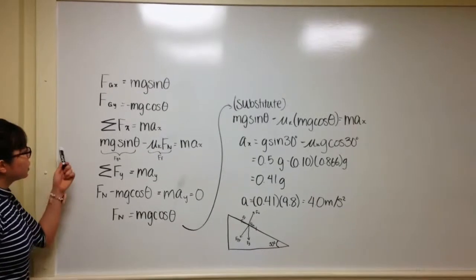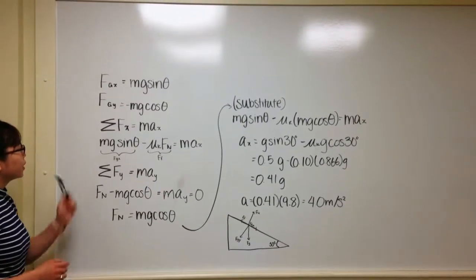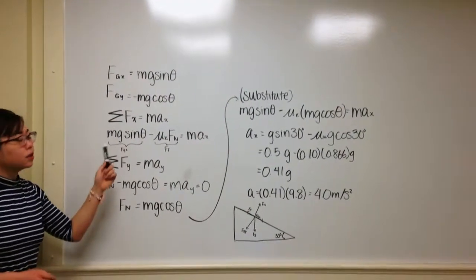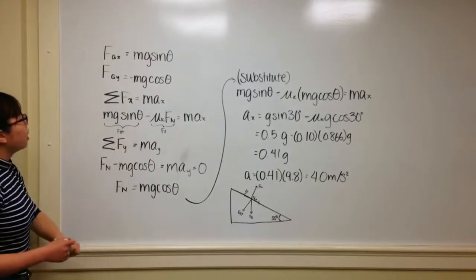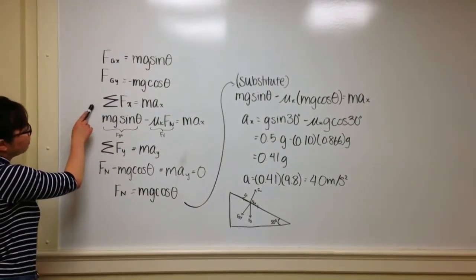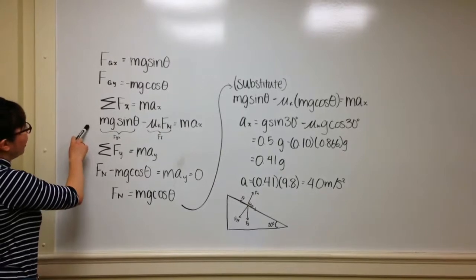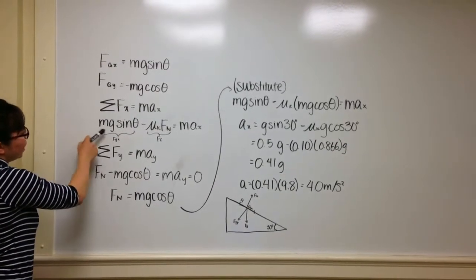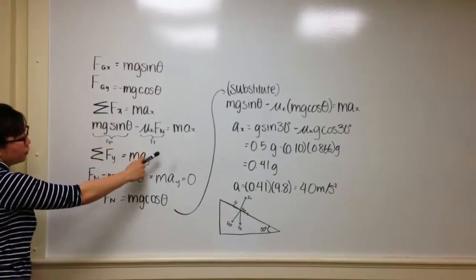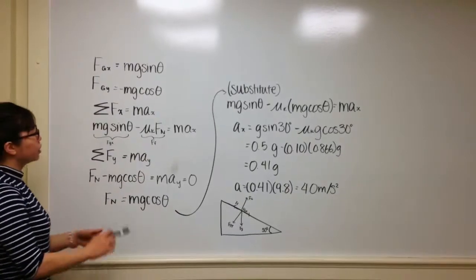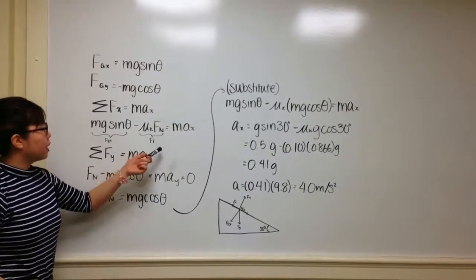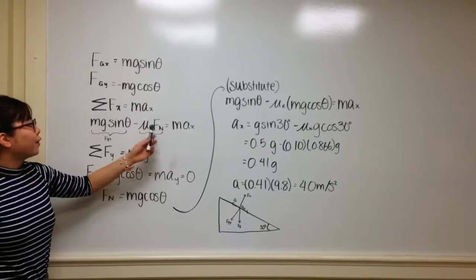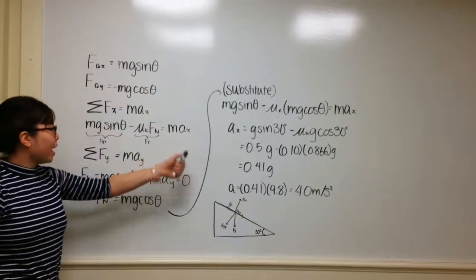So with Newton's second law, you want to find the sum of forces in the x direction, which equals max. To solve for the summation, you want to plug in the force of gravity in x, which is mg sine theta, minus the force of friction that's pushing it back. So the equation would be mu k times the normal force equals max.